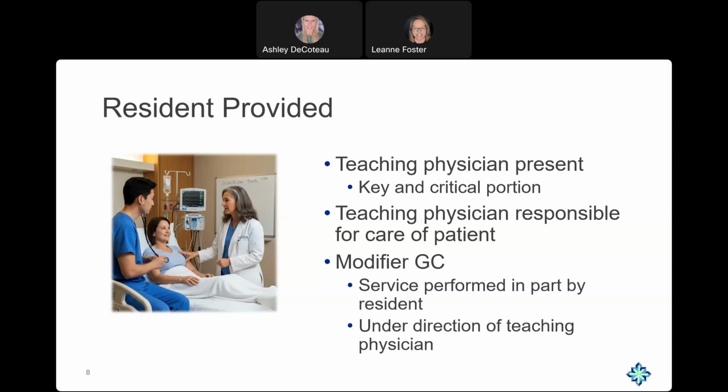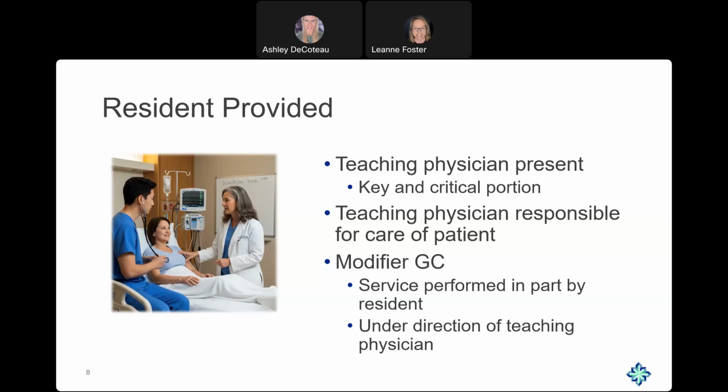And the answer is no. The GC modifier would only be used for services provided by the resident in a teaching facility that is receiving payment as part of the graduate medical education program. Services provided by a resident outside of a GME program are called moonlighting, which we'll talk about in a little bit. But the GC modifier would not apply in those situations.